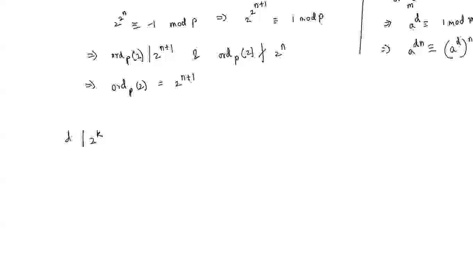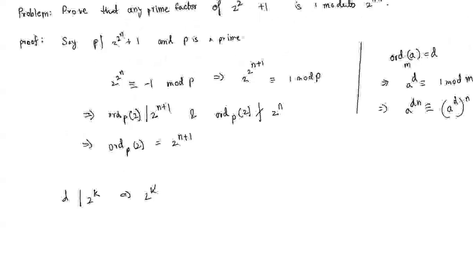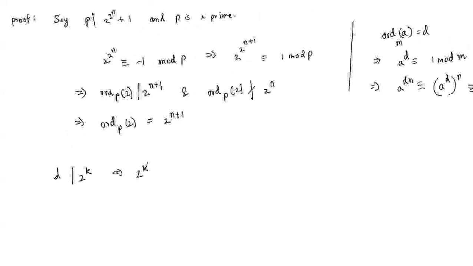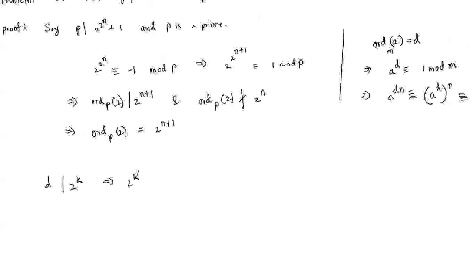The only prime is 2, so d would also be of the form 2 to the power k dash, and we know that the order of 2 mod p does not divide 2 to the power n. So it has to be 2 to the power n plus 1. Okay, got it.